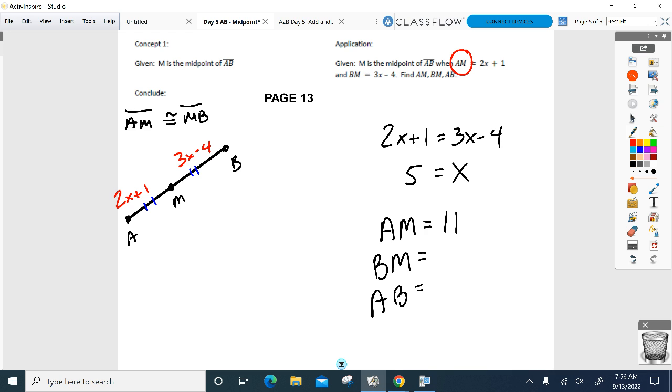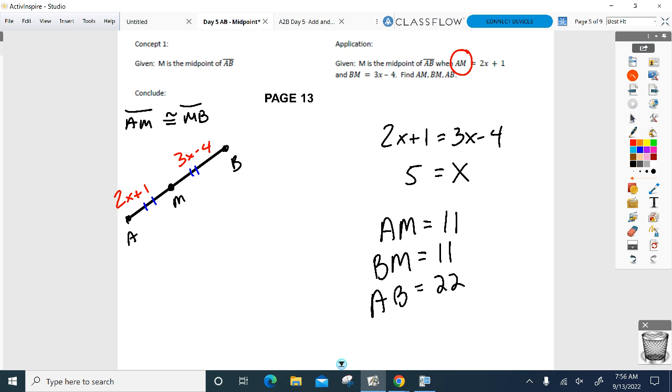BM? Okay. 11. Better be, right? It better be 11. We just said they were congruent. And then AB? Just take your 2, right? Oh, 22. Yep, you're good. Issues? So, are we understanding what midpoint means? It's not always just add the 2 together, because I didn't have anything to set it equal to that time. You're ready to go to a graph now.